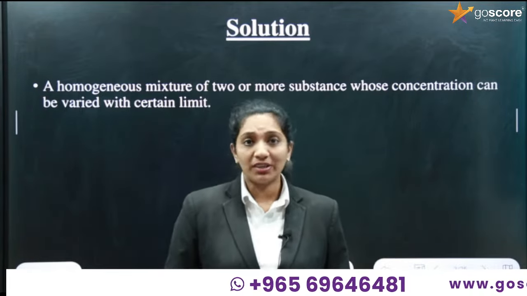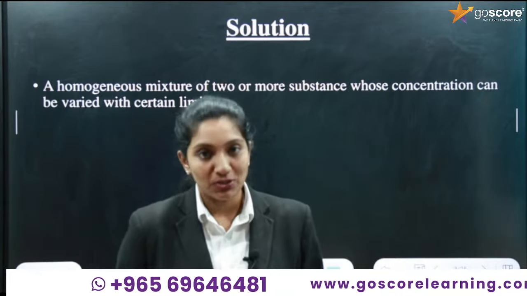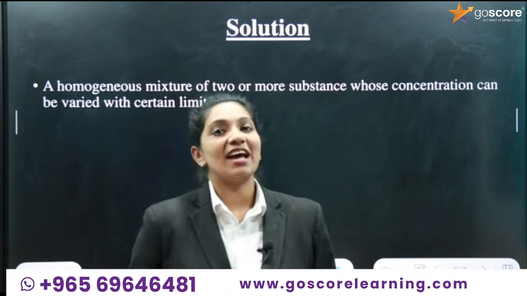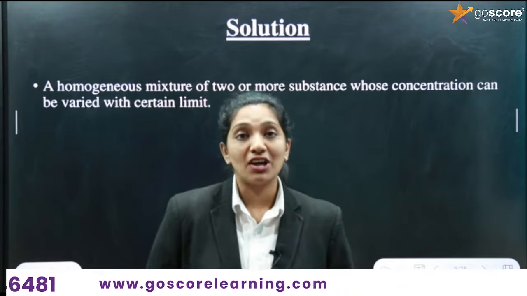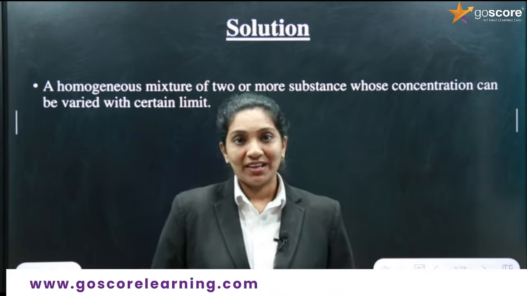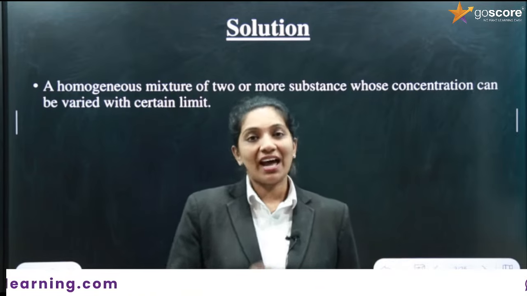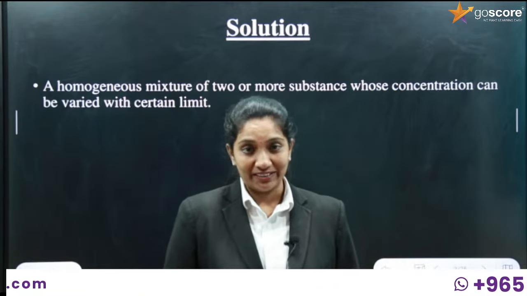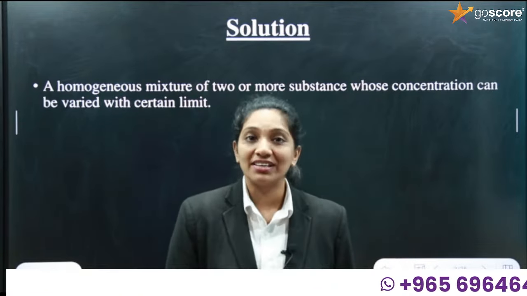If we dissolve sugar in water, definitely we will get a uniform solution, right? That's an example for a homogeneous mixture. At the same time, if you mix sand in water, the sand particles will settle down at the bottom and the water will be on the top layer. So we can say sand in water is a heterogeneous mixture.